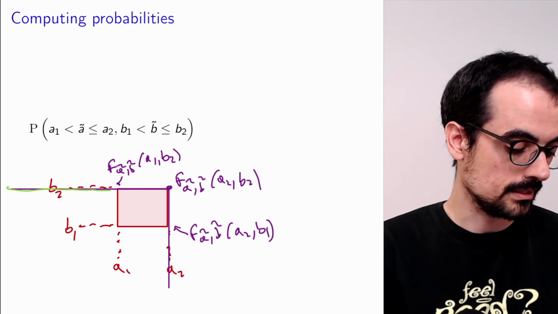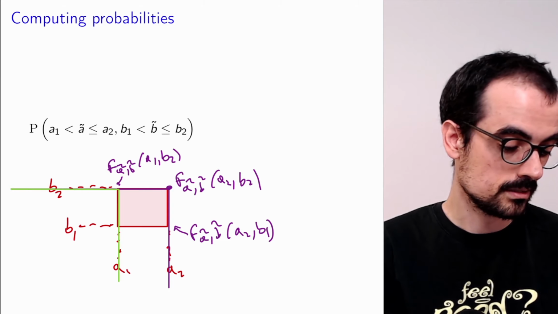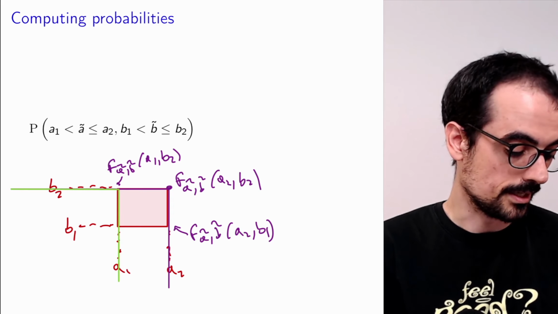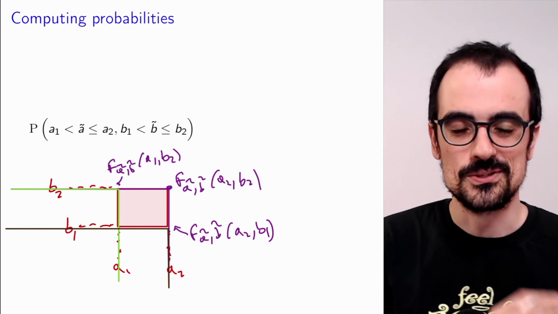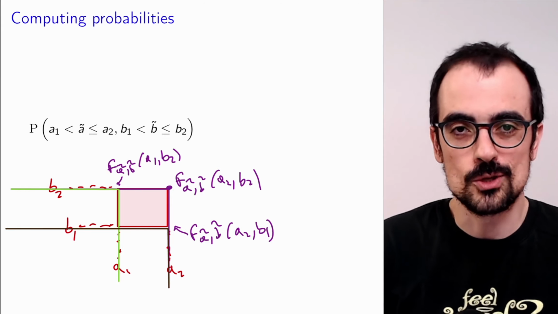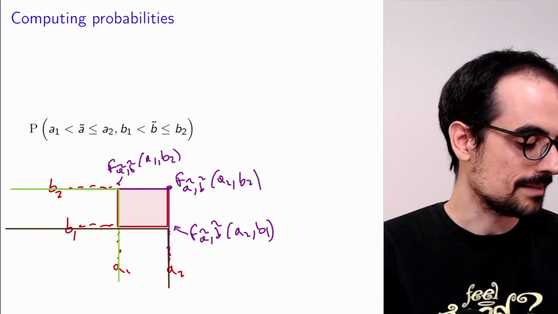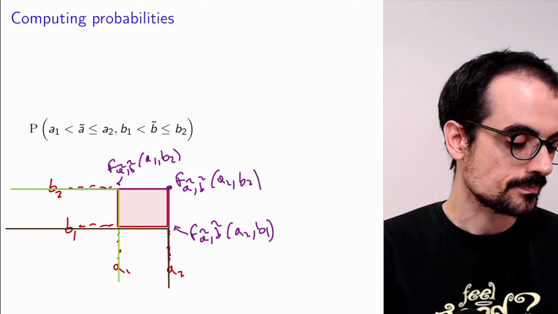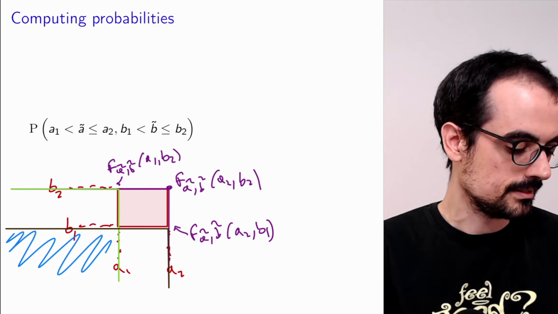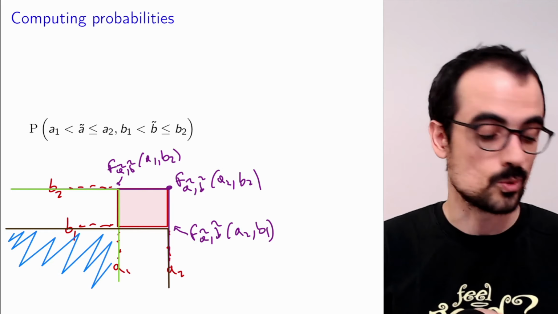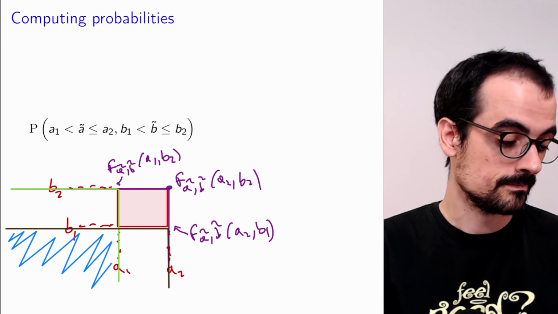So I'm subtracting this, and I'm also subtracting the probability that the random vector is here. Now the issue, if you think about it for a moment, you will see, is that I've subtracted something twice. I've subtracted the probability that the random variable is there twice. So I have to add it back.